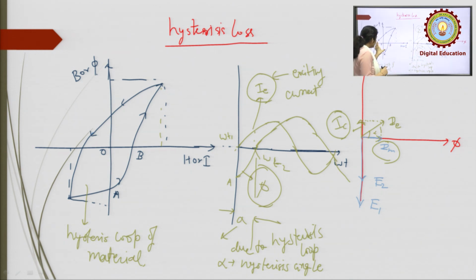If you reduce the width of the hysteresis loop, you can reduce the value of IC and reduce the hysteresis losses.